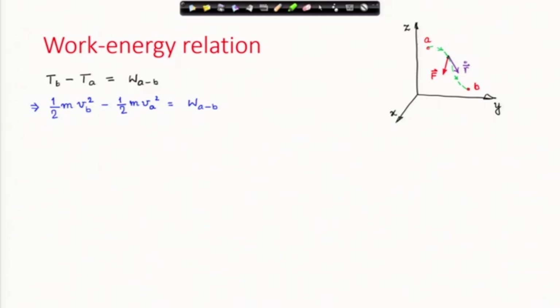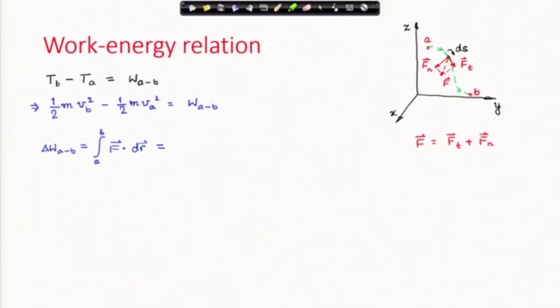In that case, I can write the kinetic energy at these two positions, half m V_B square minus half m V_A square, and that must be equal to the work done over this path as it moves from A to B. Now, the work done, as we have just now discussed, is F dot dr.